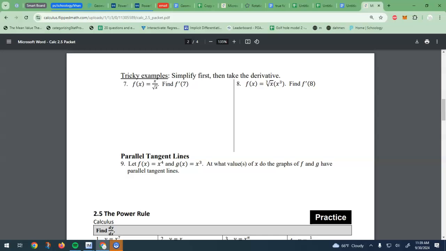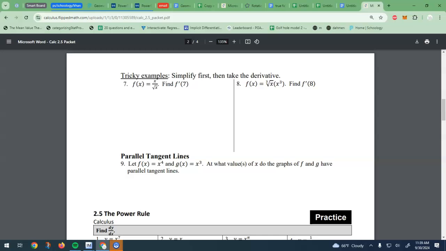Now be smart here. They're not asking me for a simplified answer. What they want is the result when you plug in 7. They don't care if you simplify this first or not. So do whatever's easiest for you. For most people, that is just plugging in 7 right now.